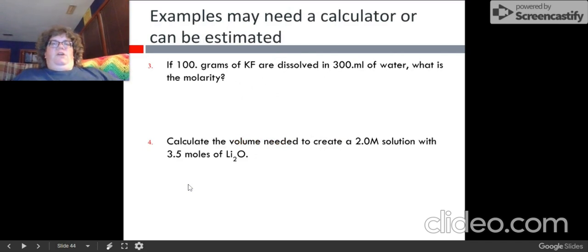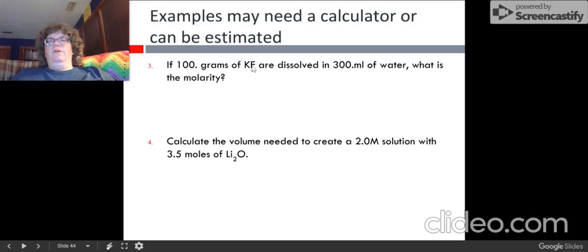Let's try another few examples. These are examples that we'll probably need a calculator for, because again, we have grams. We have 100 grams of potassium fluoride dissolved in 300 milliliters of water. What's the molarity? Remember, the first thing we need to do is convert grams to moles.